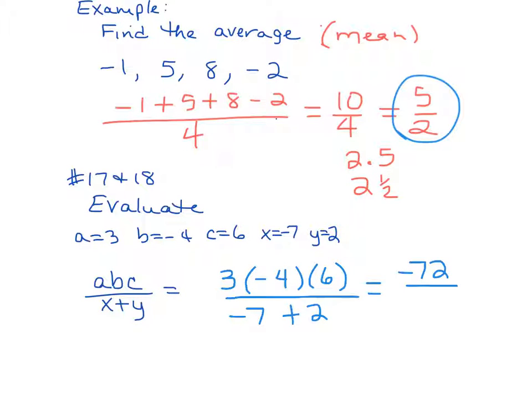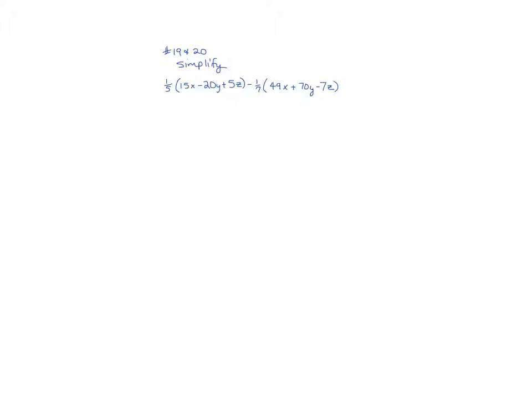And then the bottom, -7 plus 2 gives me -5. And the only thing I really want to see you simplify in this one is a negative divided by a negative is a positive. And you can leave it improper. If you decide to divide this, make sure you do it carefully if you want to try to make it a decimal. I would just leave it improper. So 2 evaluate questions. And then the last 2, again, are going to say simplify.